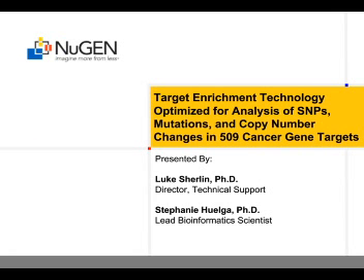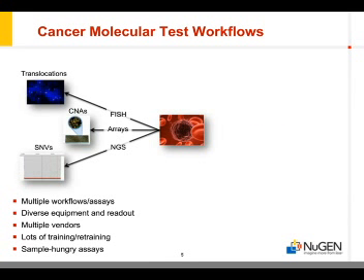Thank you, John, and thanks for the opportunity to discuss NuGen's products with the audience here at the webinar. Much of the effort in targeted resequencing today is focused on studying cancer and inherited disease.